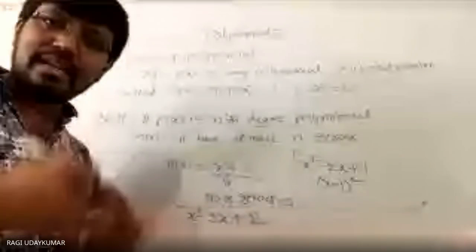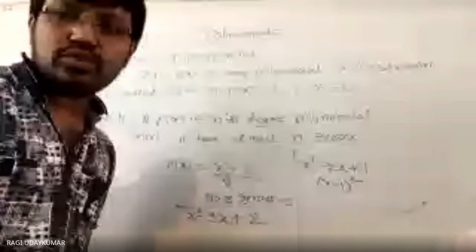x square minus 3x plus 2. If you factorize this, how do we find out the zeros? We will learn it properly. So this polynomial is going to have 2 zeros.